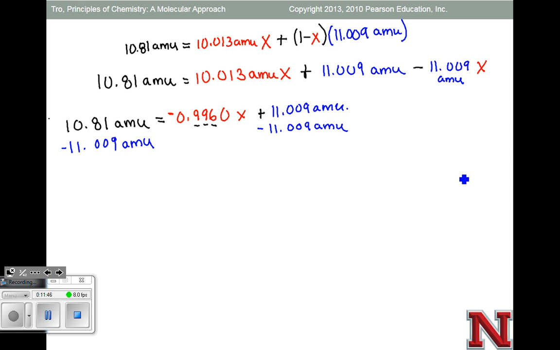So I know I'm going through this work a little fast, but you should know it. So it only has 2 decimal places.